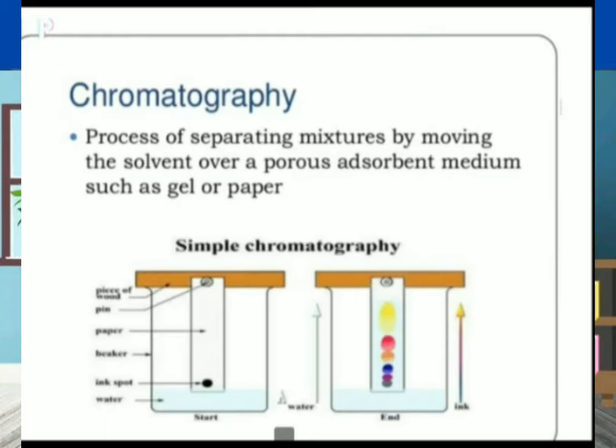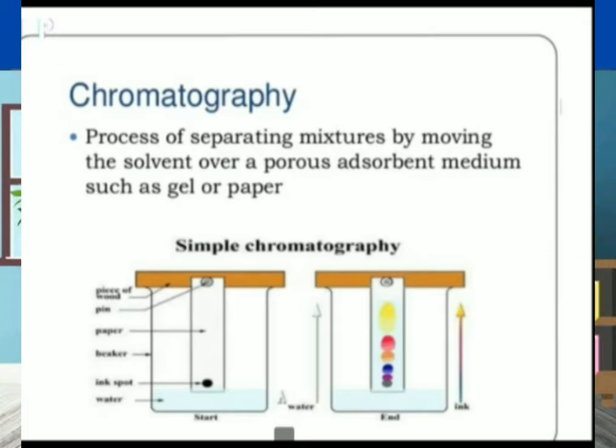In previous class, we studied how to separate dye from water through the evaporation process. A dye is a mixture of different colors, so we want to separate each single color from a dye.